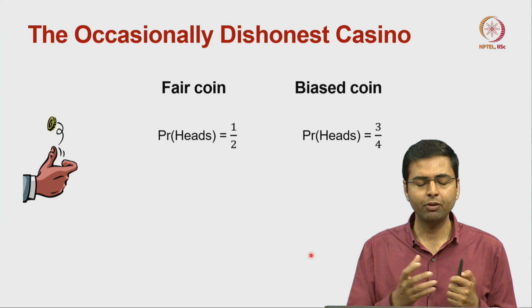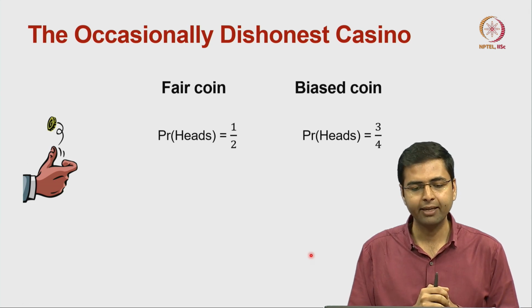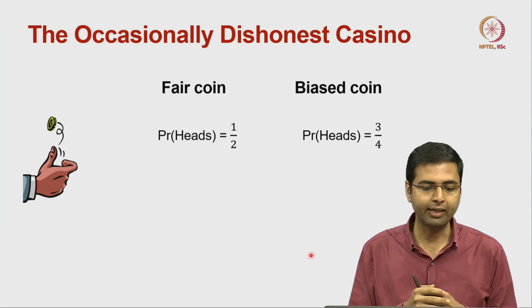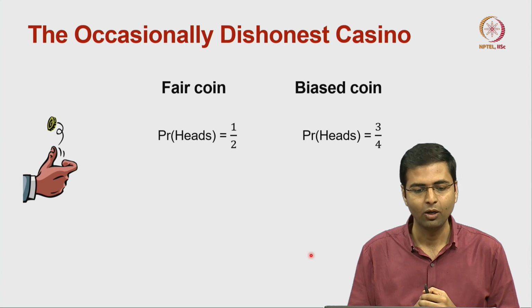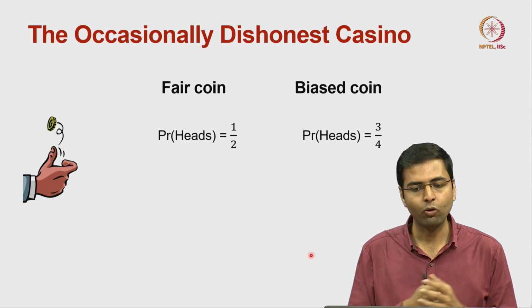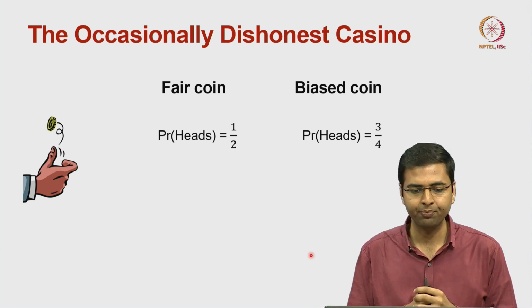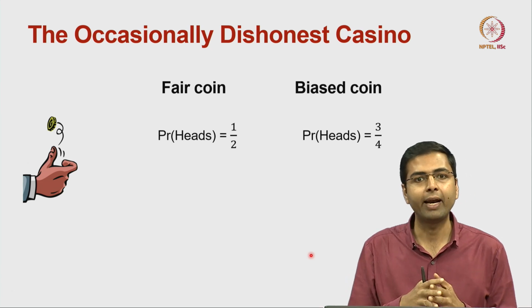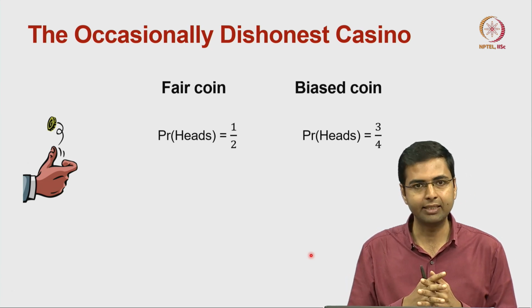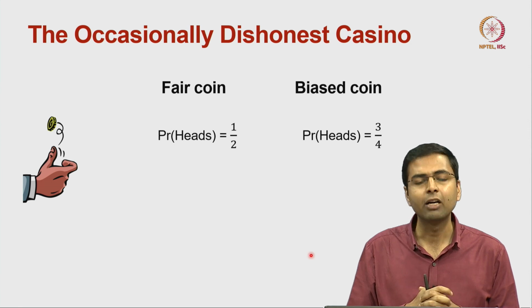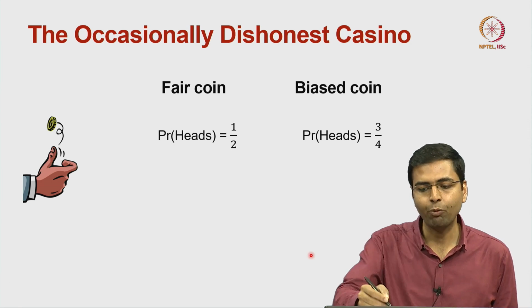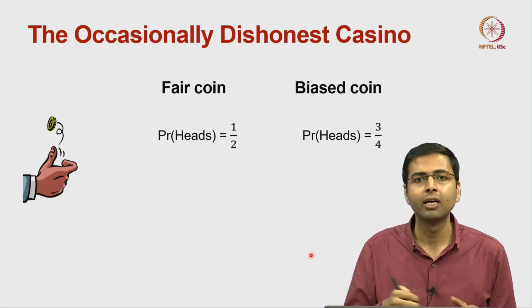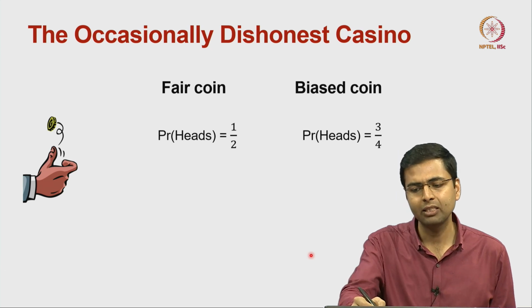Suppose we walk into a casino and the dealer has 2 coins, one a fair coin and the second a biased coin. In the fair coin the probability of heads and tails is equal, that is half, but for the biased coin let us say that the probability of heads is 3/4 and the probability of tails is 1/4.